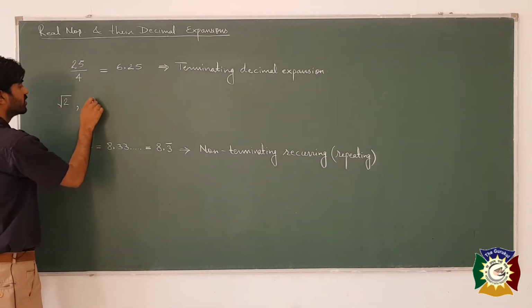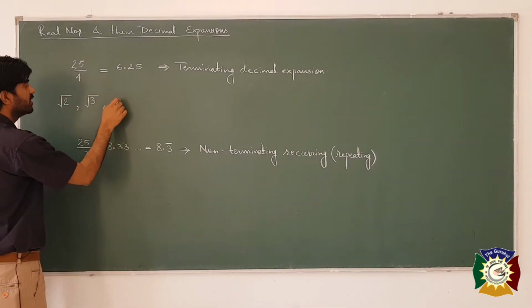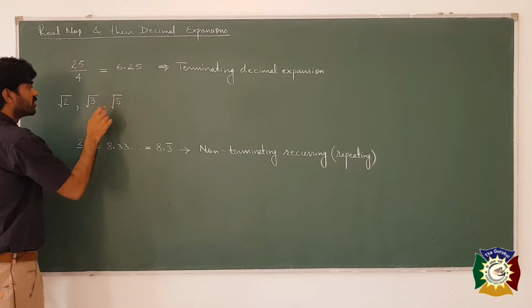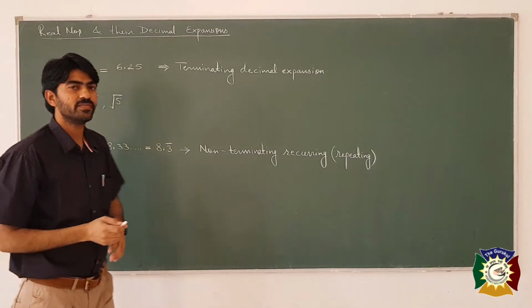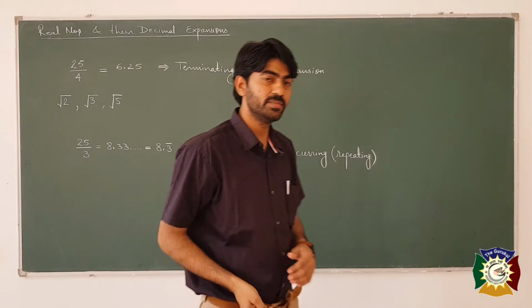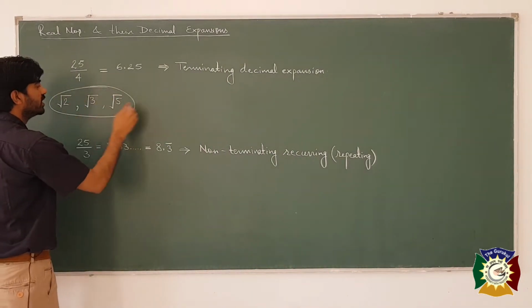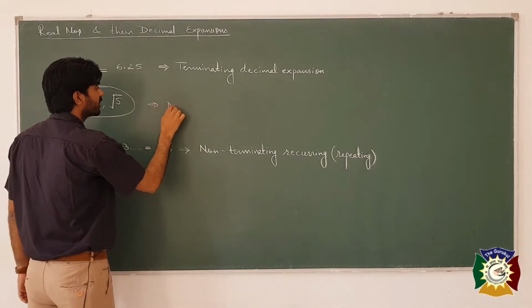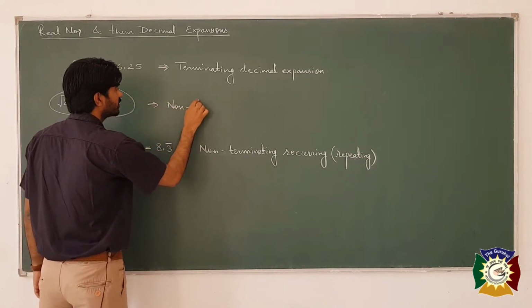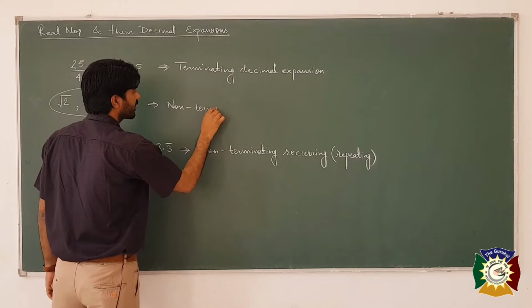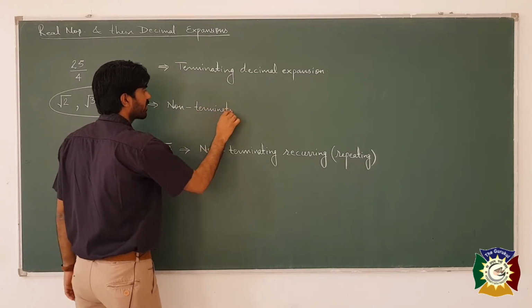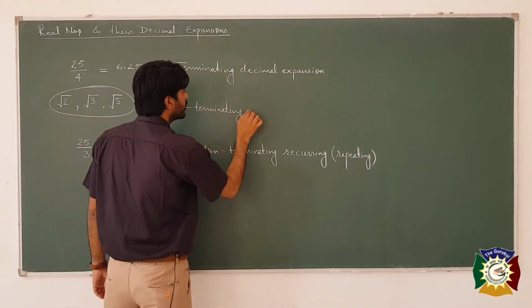Similarly, if we find root 3, root 5 in decimals, then the value which we get will be non-terminating, non-recurring.